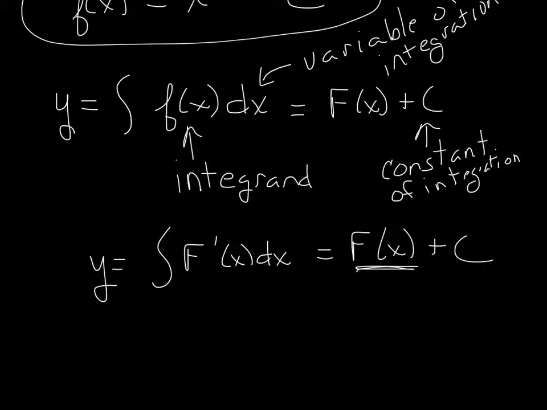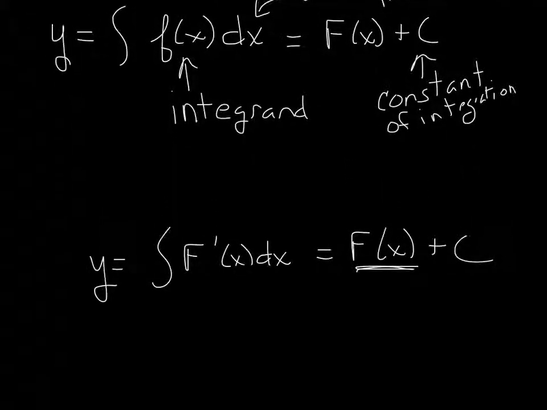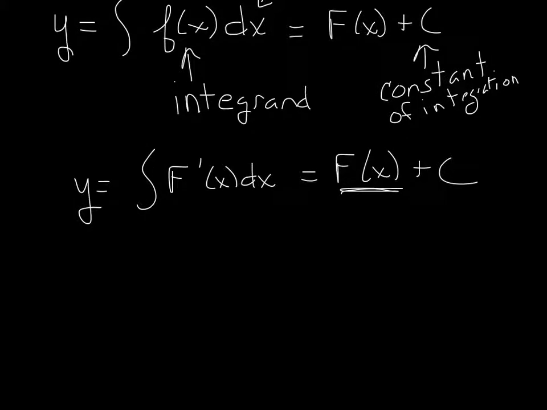Now, I said before I started recording that finding a derivative and finding an antiderivative are inverse functions. In other words, they undo each other. So if I took the derivative of the antiderivative of f of x dx, what do you think we would get? f of x.